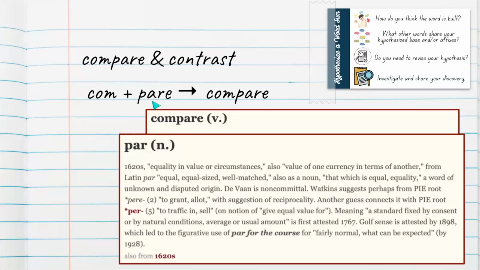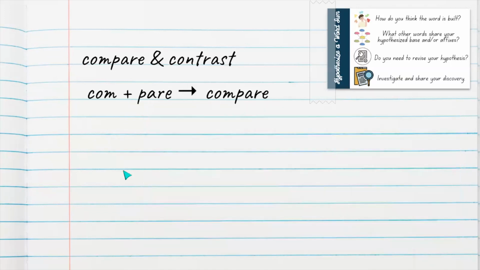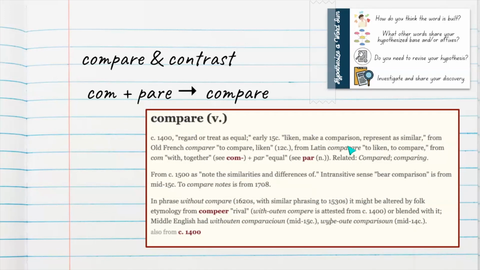Where did the E come from? Well, if I go back here, if I was just looking at the COMPARARE and I looked that up, I would take off the ARE part of that verb, which would leave me with par.